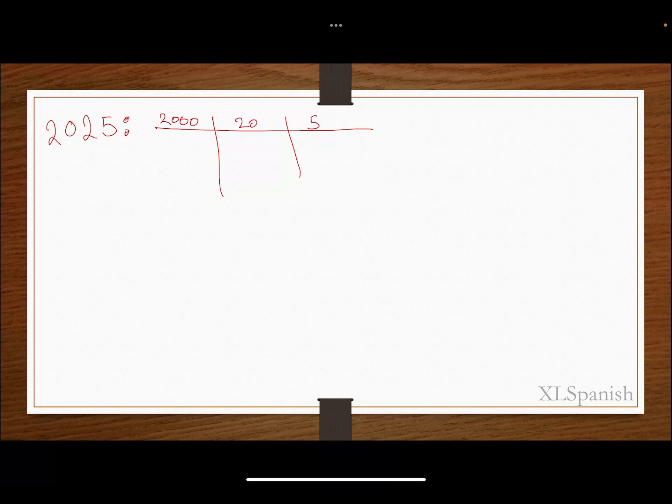So 2000 is dos mil. 20 is veinte. And 5 is cinco. Putting it all together is dos mil veinticinco. There you go. That's 2025.